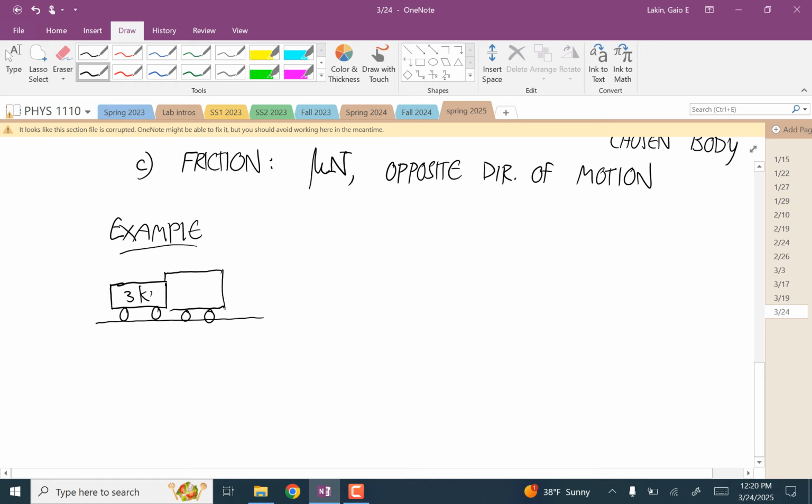So this one's 3 kilograms, this one's 5 kilograms. And let's say there's a 20 Newton force here and a 50 Newton force here. And we want to draw a free body diagram of each of these carts.